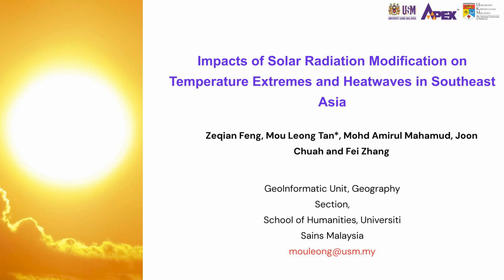As compared to the hottest day, G6 solar and G6 sulfur actually perform better in modulating the temperature increases from the SSP585 to 245.